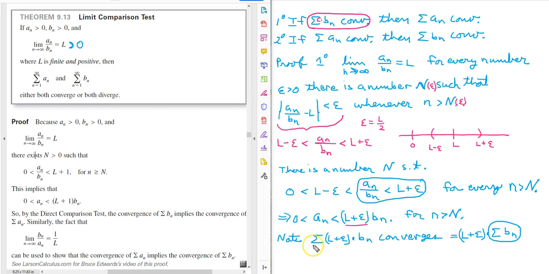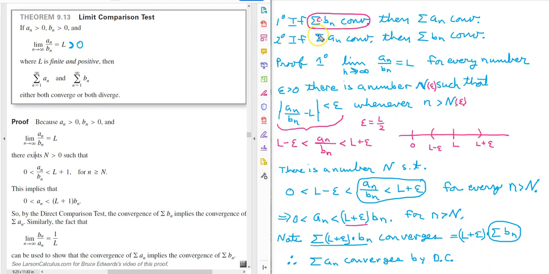Alright, so we know that this series converges, and we know that the an's are less than L plus epsilon times bn, so therefore the series involving the an's must converge by direct comparison. And that concludes the proof of number 1.